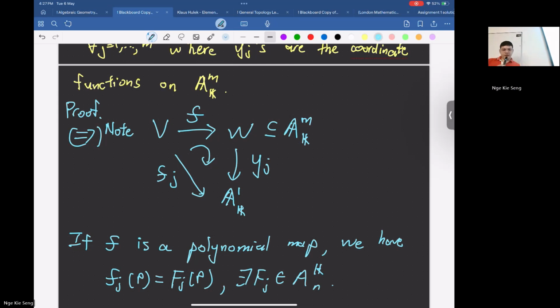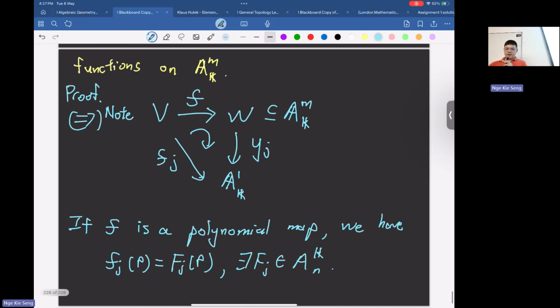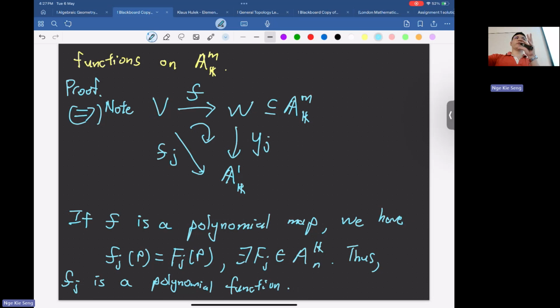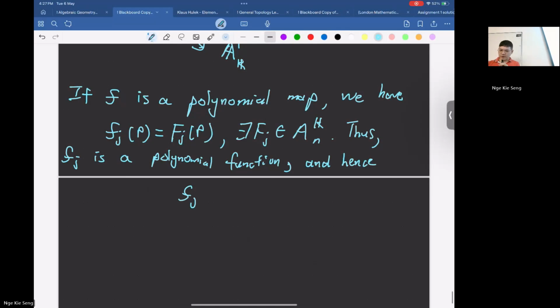In particular, Fj is a polynomial function. So a polynomial function is the map from variety to ground field. Map is between varieties, so please be careful. And then the claim now is that this Fj(P) will live in the coordinate ring of V.